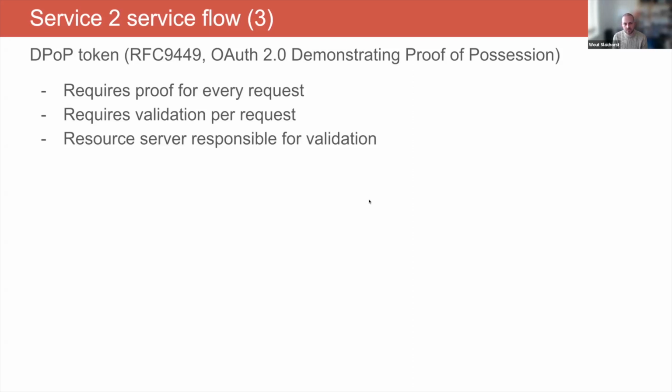This RFC, the final version of which was created just at the end of last year, prevents token hijacking. So especially for this service-to-service flow, it's quite an important security improvement.